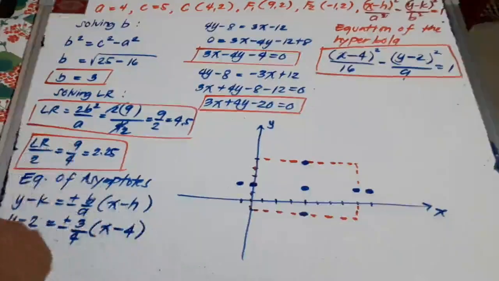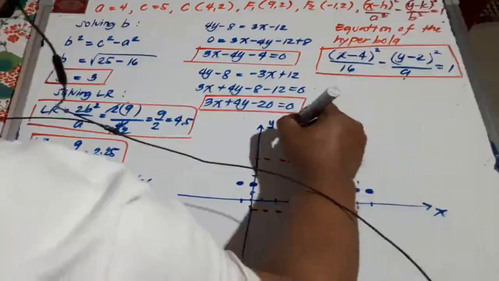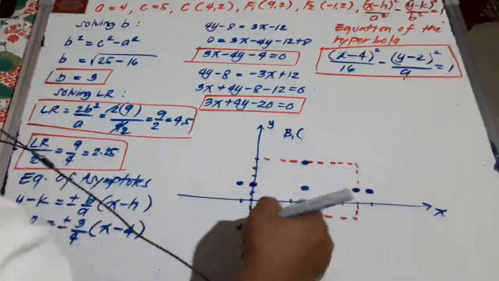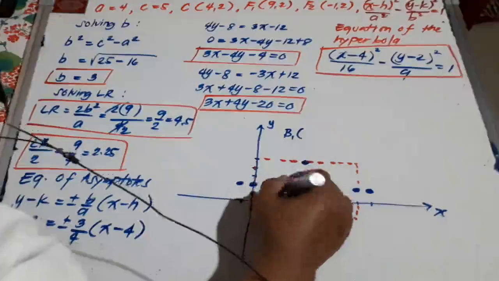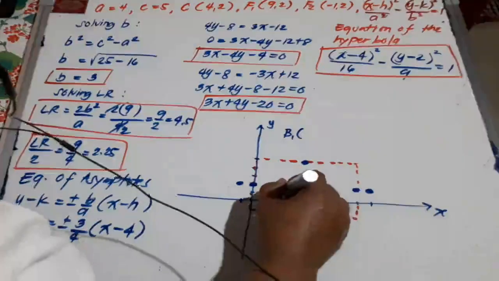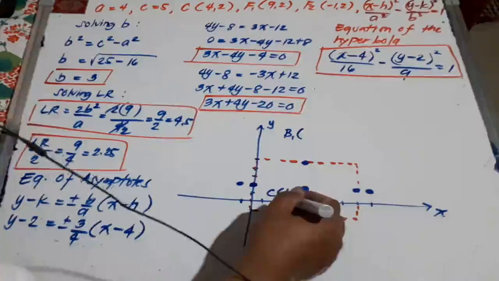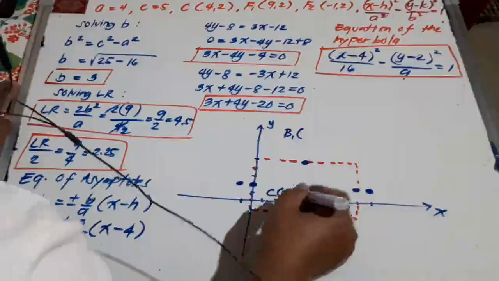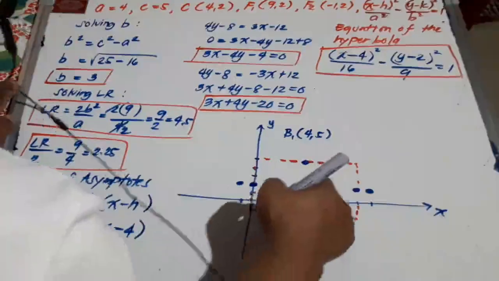Una natin yung mga coordinates niya. B sub 1. So, parehas ang kanyang horizontal distance sa center. So, ang center natin located sa 4, 2. So, magdadagdag tayo ng 3 units from the ordinate of the center. So, 4, 5. Okay? Kasi 2 plus 3 is 5.